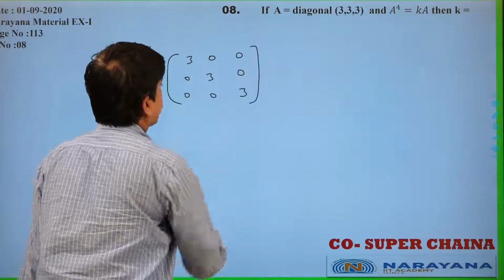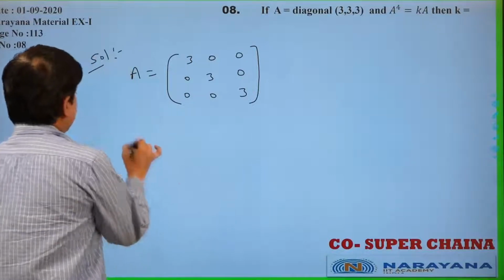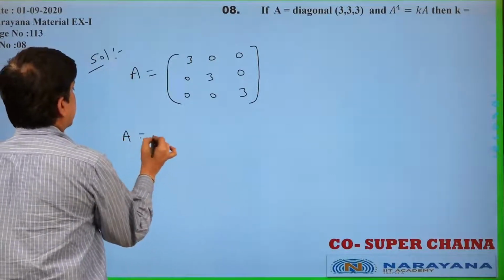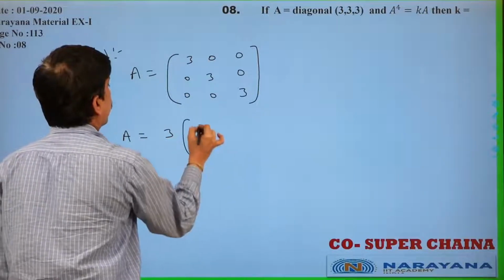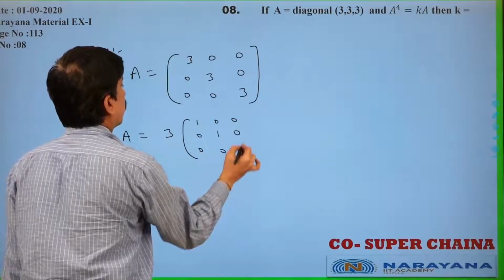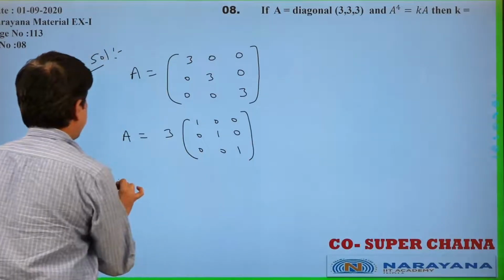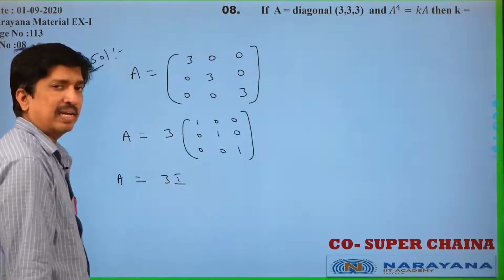It is a diagonal matrix only. Is it clear? Now this A can be written as, if you take 3 common, 3 times of 1, 0, 0, 0, 1, 0, 0, 0, 1, you will get A equal to 3I. Is it clear?